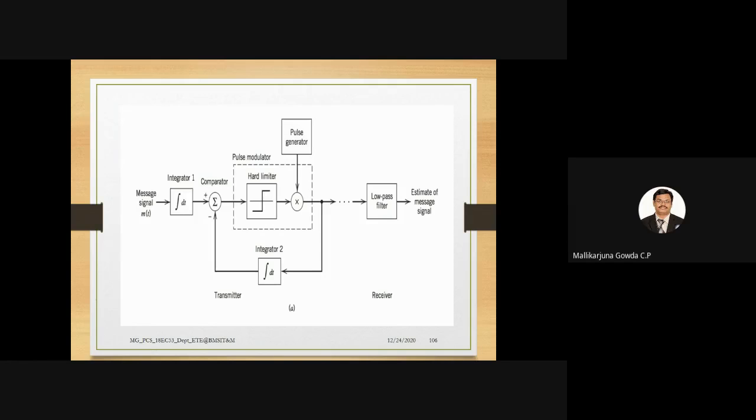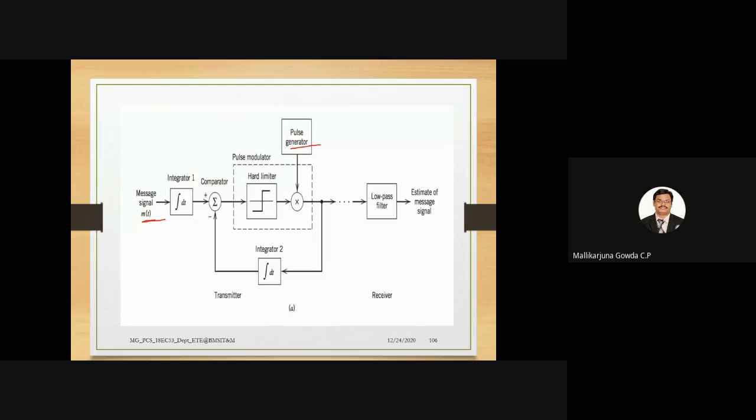So here, we pass the message signal through an integrator. Then that integrated signal will be compared with the approximated signal. The rest of the things are the same. Here the quantizer will be there, then this is for making the steps variable. Whatever accumulator part was there is replaced by an integrator.